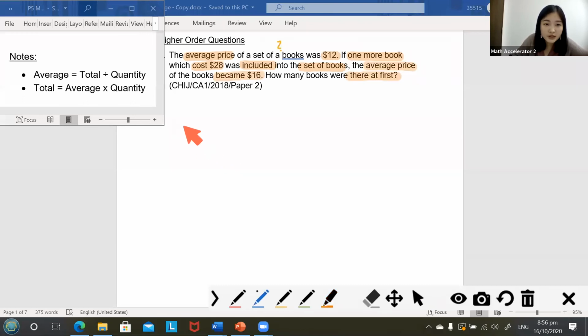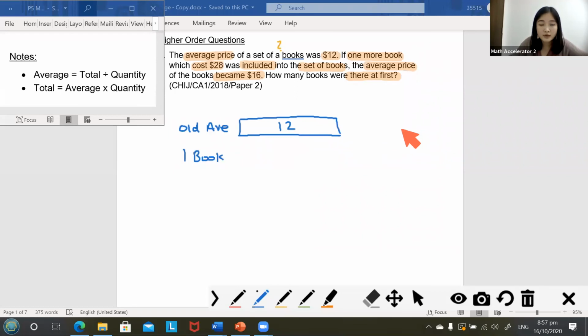Okay, so initially the average is $12. Okay, let's draw a model. Average $12. And if we add one more book in, that costs $28, is 28.